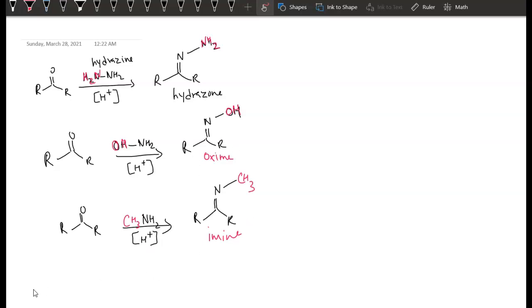Now we need to look at the secondary amine. Remember we talked about nitrogen nucleophiles, where we use a primary amine or a secondary amine. For a secondary amine, the reaction happens very similarly to what we saw with the primary amine, but here the product is called an enamine.